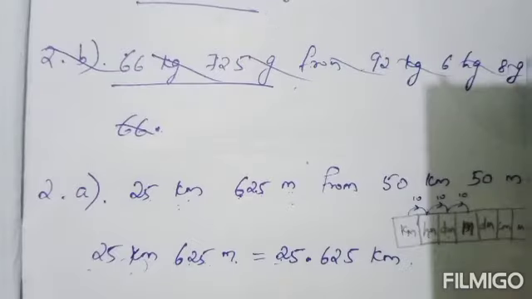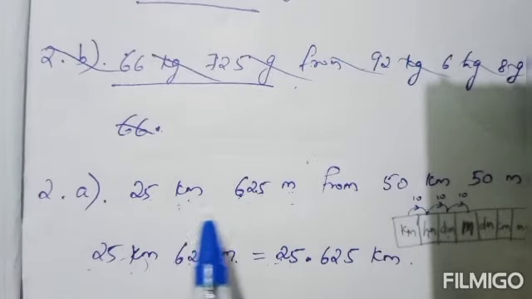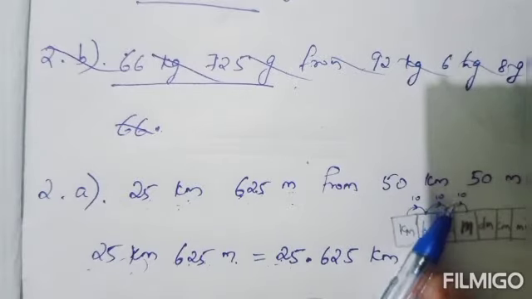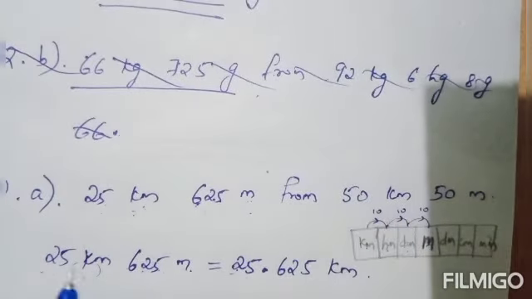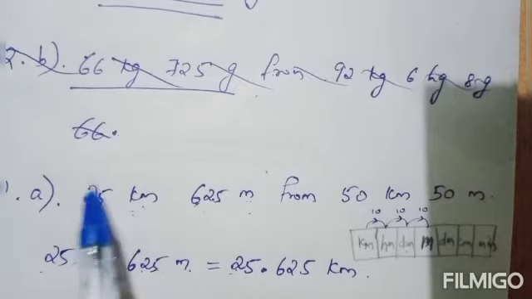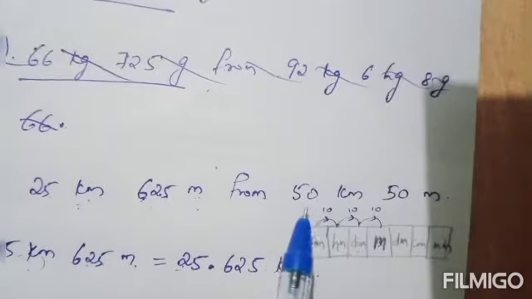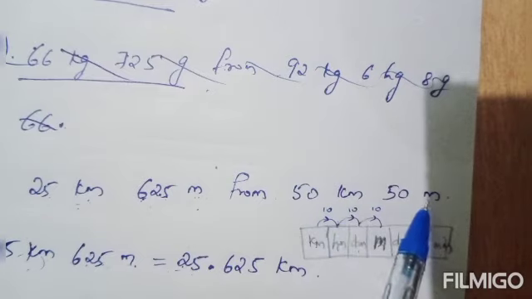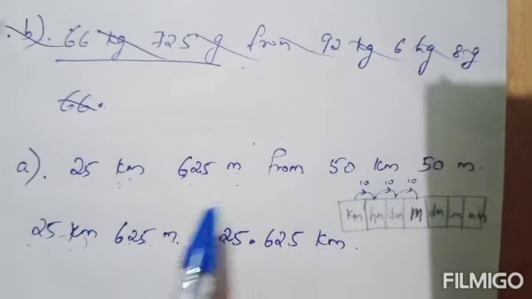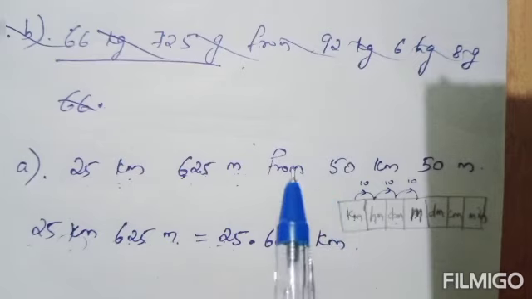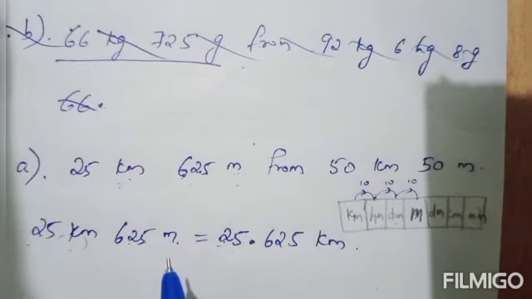Okay. Now second question, express in decimal notation and subtract. In that A, 25 kilometer, 625 meter, from 50 kilometer, 50 meter. So 25 kilometer, 625 meter, you have to subtract from 50 kilometer, 50 meter. And one more thing, you have to express this in decimal notation. After that only you have to subtract. Okay.